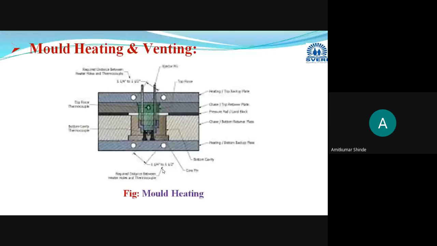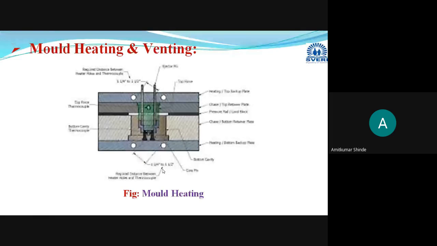Then that difference will be in the range of 3 degrees Celsius when we are using the oil or steam medium. And when we are using electrical cartridge heating, if you identify any two spots and take their temperature difference, then it should be up to 6 degrees Celsius.